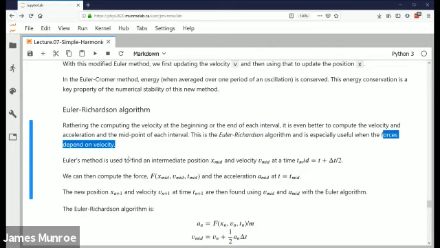To use the method, we do what's called an Euler half-step to evaluate x mid and v mid at the midpoint. We calculate the force at that midpoint and use that to calculate the acceleration at the midpoint. Then we use those new values of velocity and acceleration at the midpoint to do a full step with the Euler algorithm, a full Euler step.